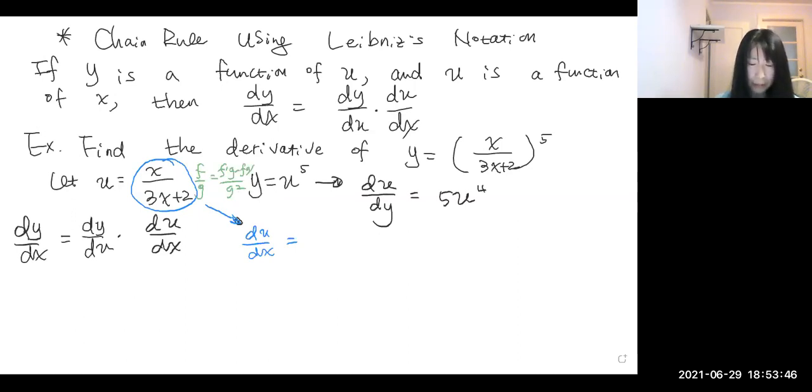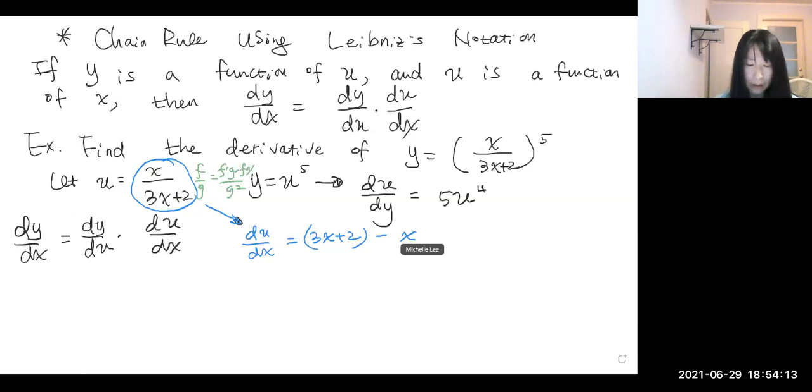All right, so f prime, what do you get? Good, 1. And g, right? We have experience, so I don't write down the 1. Then g minus f times g prime.